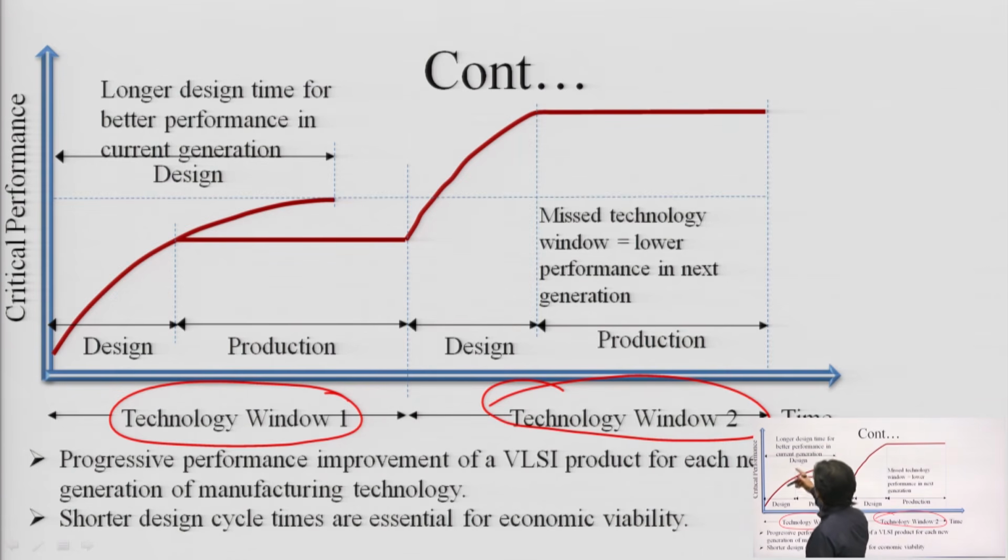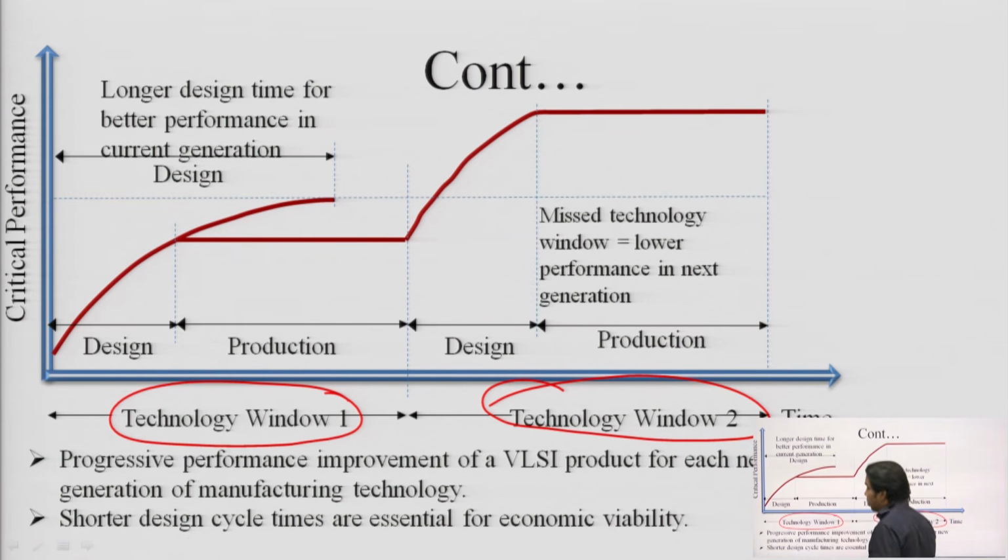Here you can see it is taking a longer design time for better performance. Obviously, if you create each and every component yourself, giving a large time to implement those circuits, then the optimization will be done at the backend side and you can have better circuitry performance.